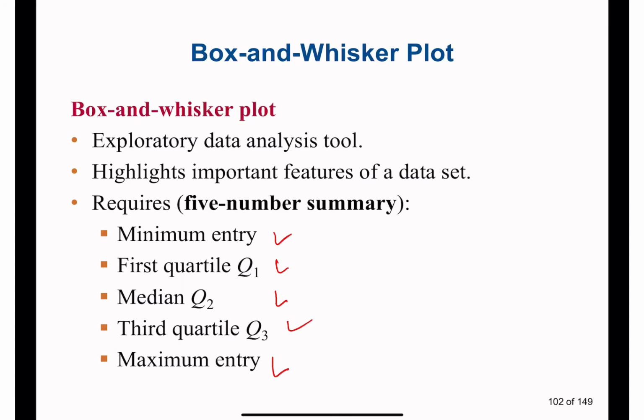Those are the 5 elements we will need to build a box and whisker plot. It's another analysis tool, just like we explored and analyzed some business examples based on graphs, right? Stem and leaf, dot plot, correct?